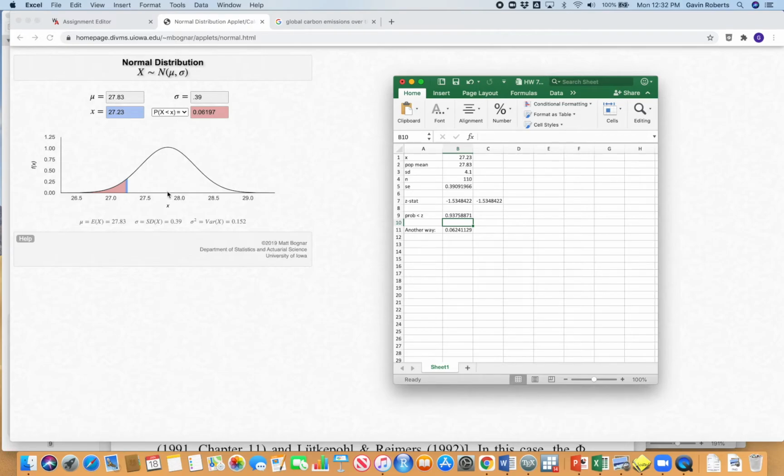And we'd expect to land above that because remember, the population mean wage is up here in the middle at 27.83. So to take a big random sample like that and end up way over here in this tail, we have a pretty low probability of that event at just over 6%.